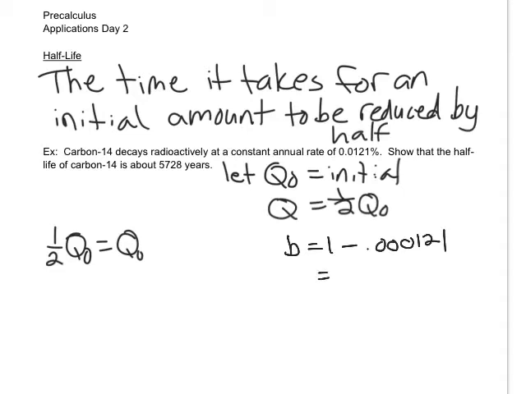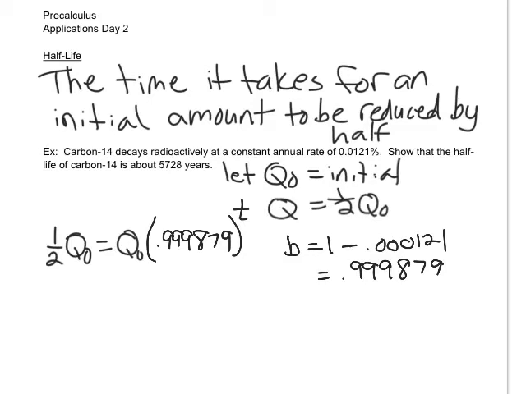And so we get a number that's very close to 1, and we have to write it out with a lot of decimal places so we can be accurate. We don't want to round up to 1 because that won't work. It's decreasing, so it's less than 1: 0.999879, to an exponent of t.